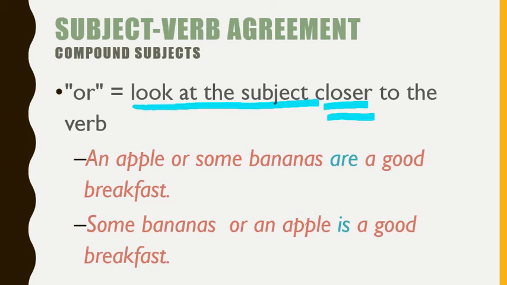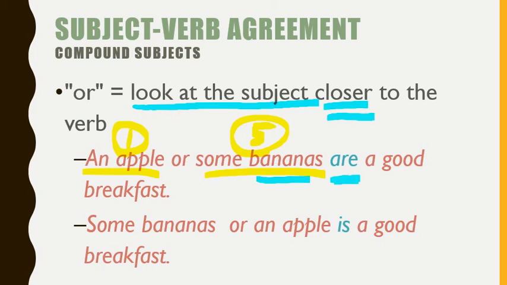An apple or some bananas is what we have. Subject is an apple, that must be one there. Some bananas is the other choice. Let's say 5. Okay, this one has to be plural. The verb depends on the one that is closer to the subject, closer to the verb. So this verb are depends on the bananas, and that's why we have to choose are there.